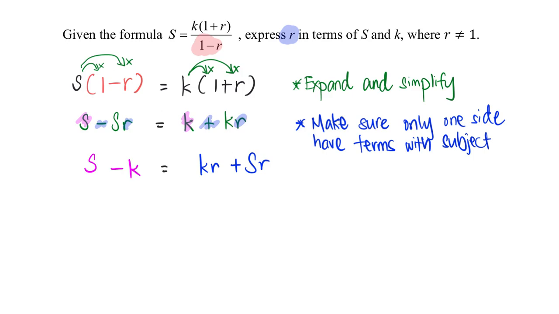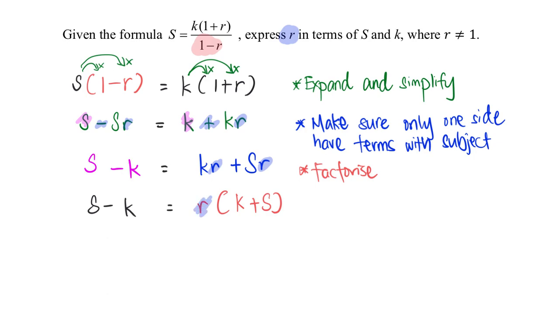Then after which, I saw that my R is here. It is a common factor. So this one I continue to write as it is. I am going to factorize. So you will see my R being factorized out. I'm left with K plus S. So my R is here.